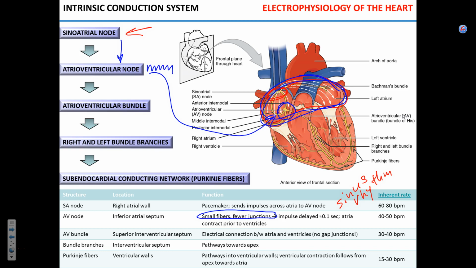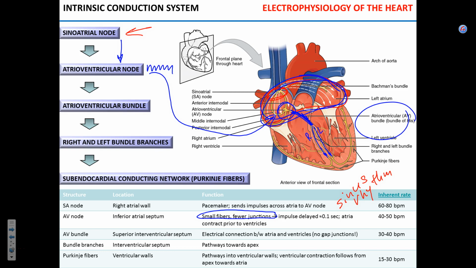And then finally, the signal enters the bundle. So the AV bundle is right here. Bundle of His, or atrioventricular bundle. And then from the atrioventricular bundle, the signal goes into the bundle branches, right and left.